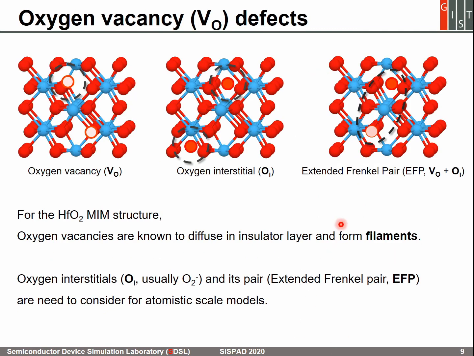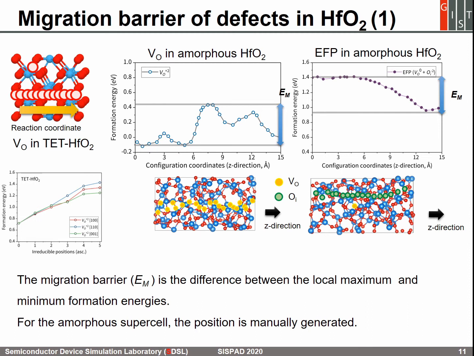The extended Frenkel pair is a pair of an oxygen vacancy and an oxygen interstitial. Two defect types, an oxygen vacancy and the extended Frenkel pair, are considered in this work. The migration barrier is the difference between the local minimum and maximum formation energies.